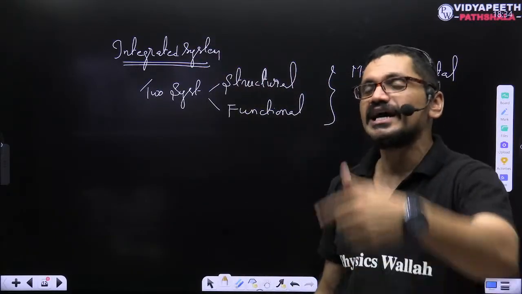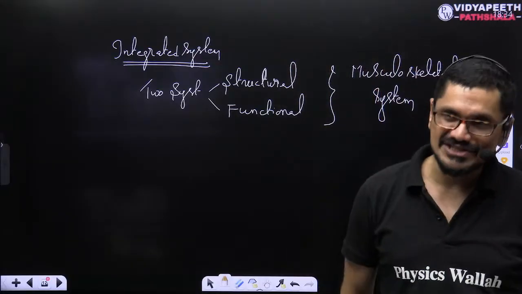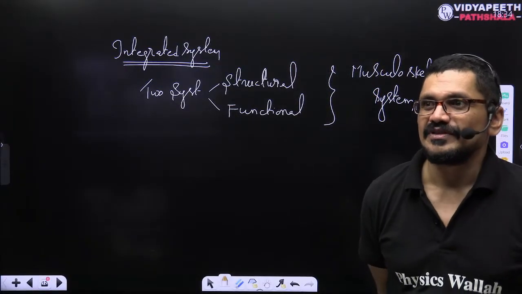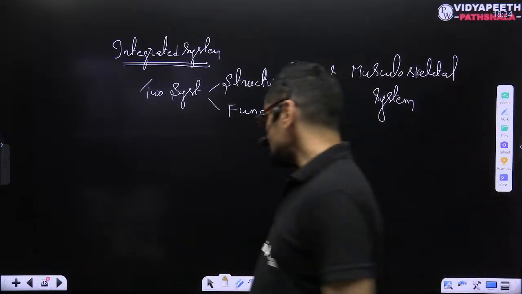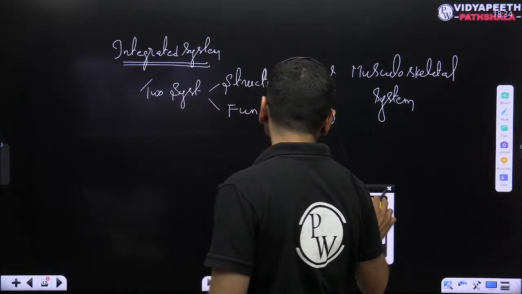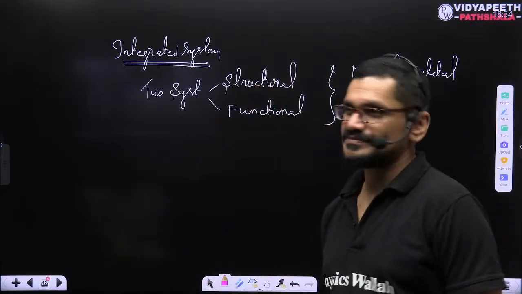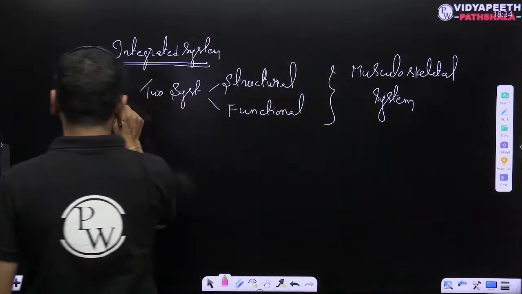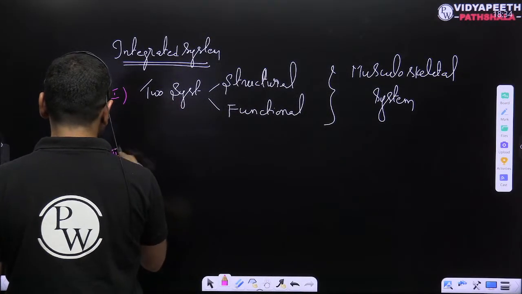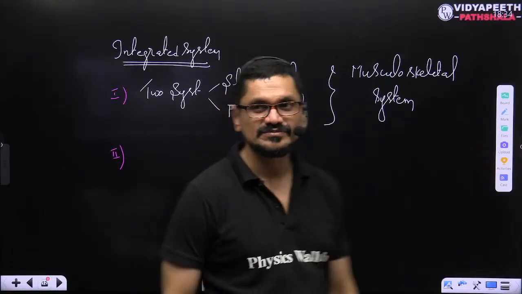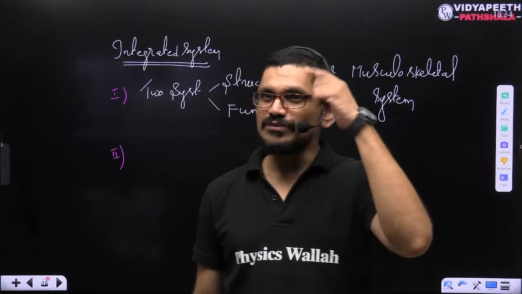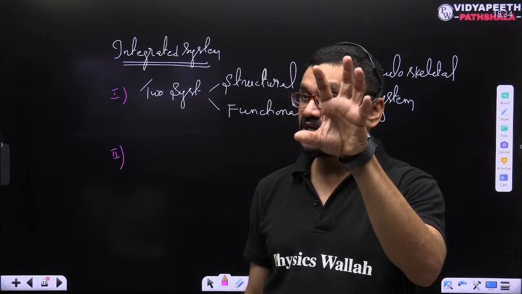Now tell me one more integrated system that you have studied. Just think and tell. Here I have written one system. Tell me another system I will write. Think about the two systems. They should work closely.